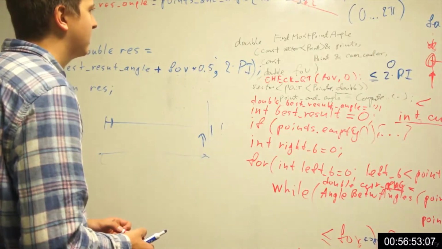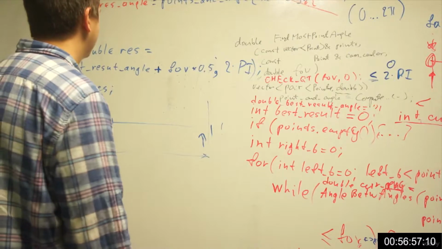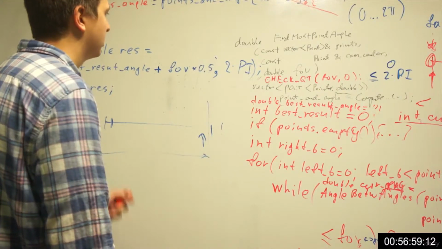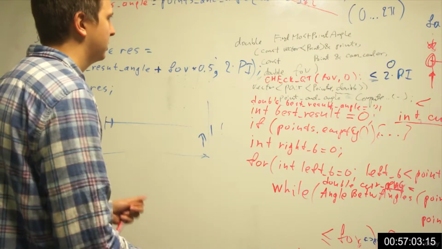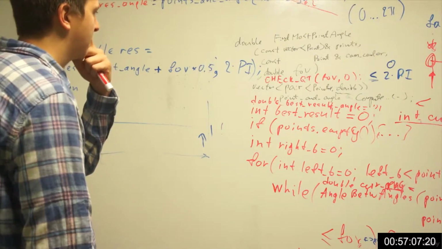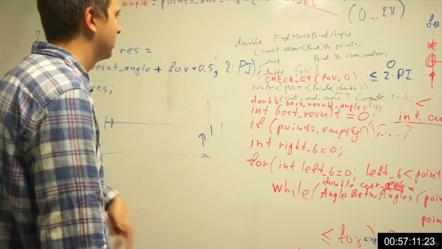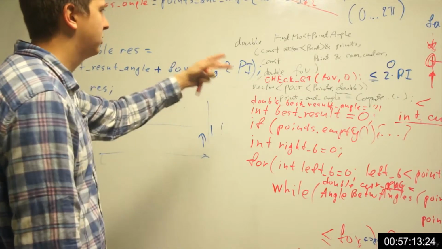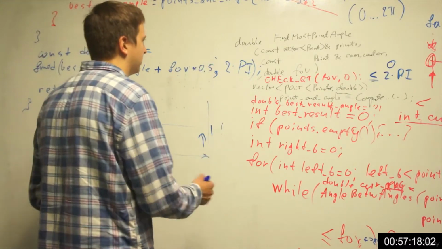Okay. Question: testing. How would you test this function? Great idea. We need to check also. At the beginning, it's pretty simple. We need to write some pretty simple tests when, for example, there is 1 point or... At first, check 0 points, check 0 field of view and check 2 pi. After that, we need to go a bit harder.